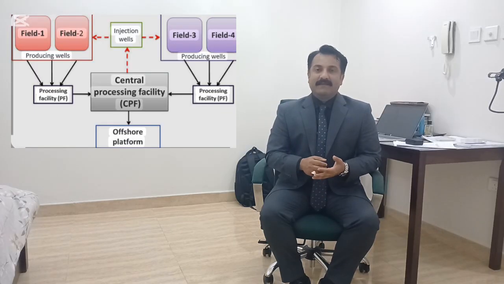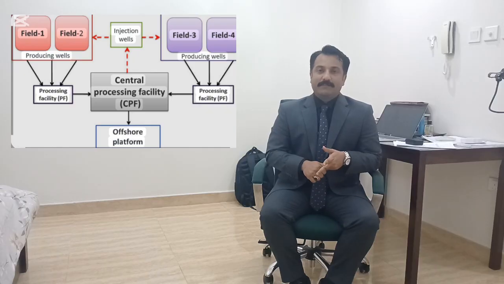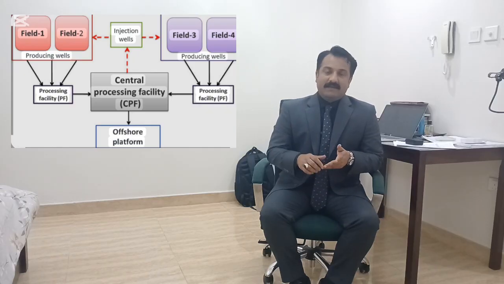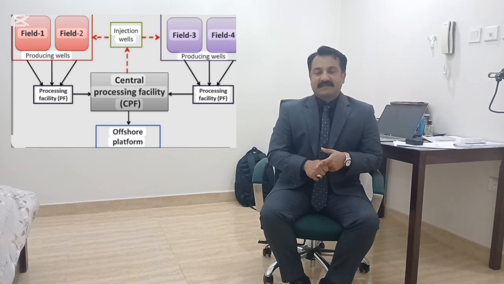We also control the flow through the choke valve to maintain the life of the well. So these facilities are the EPF and CPF, like the early production facility, central processing facility, and gas and oil separation facility.